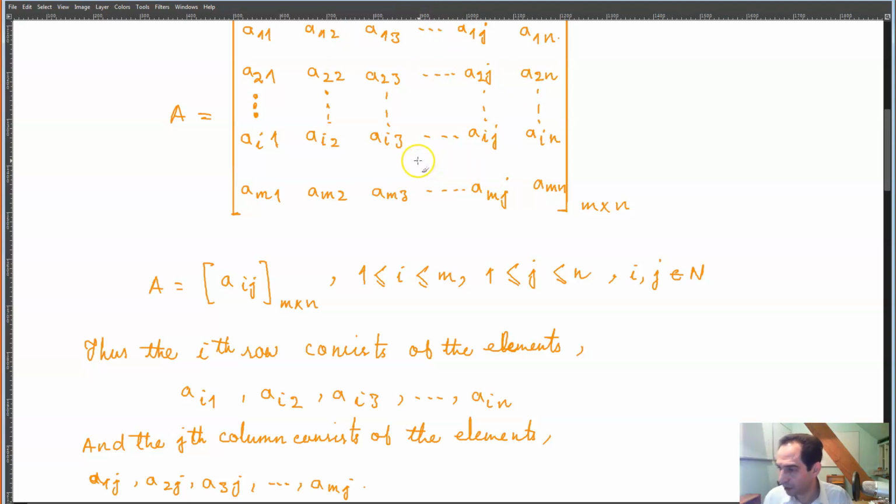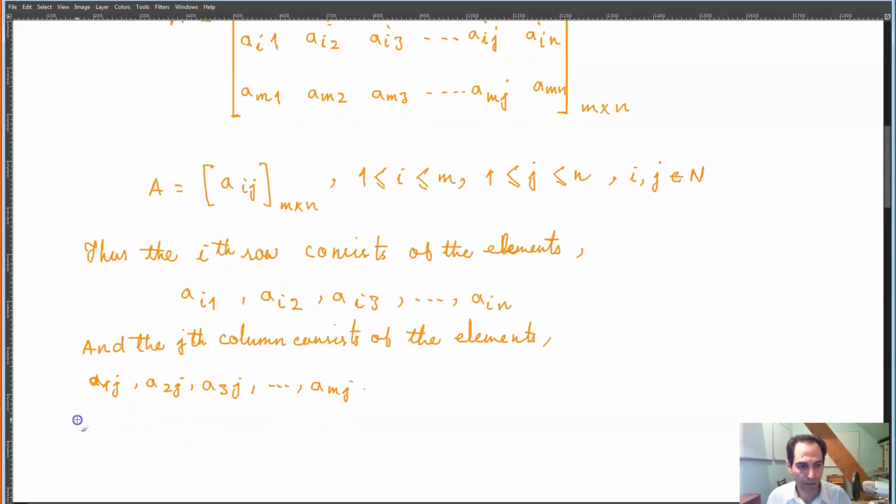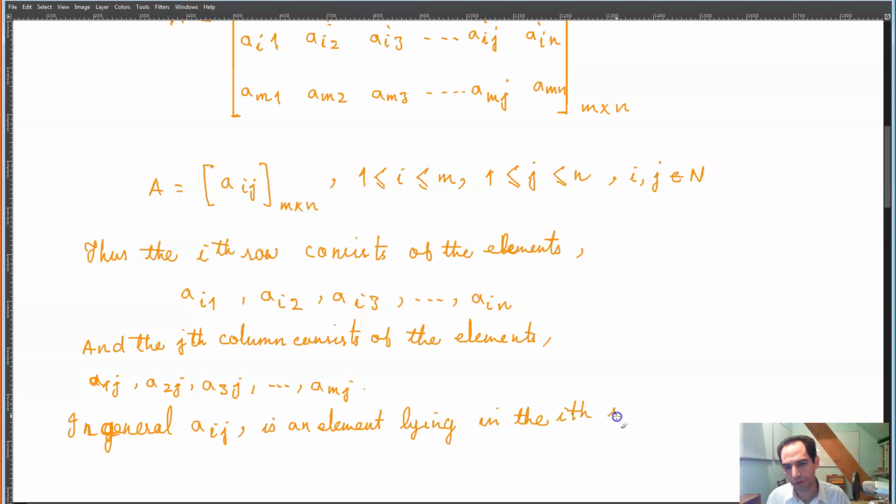So in general, A of ij is an element lying in the ith row and the jth column.